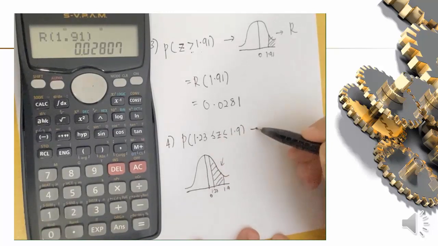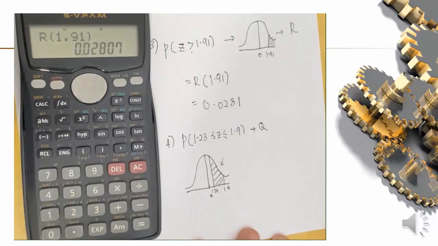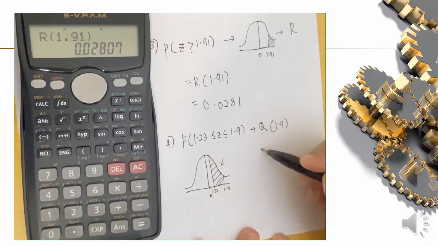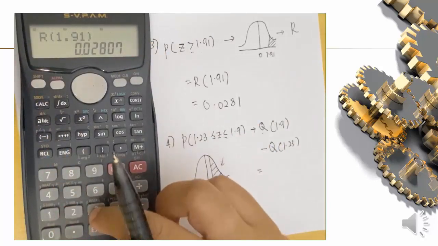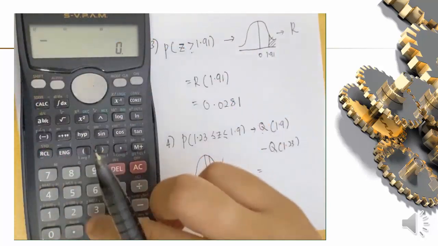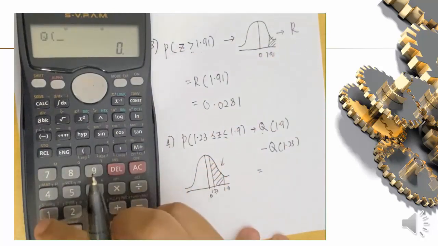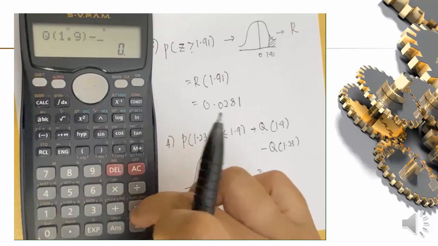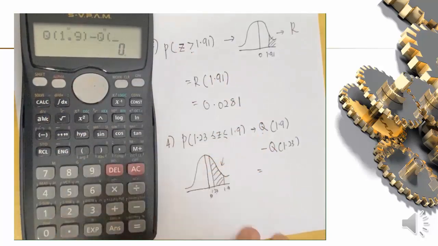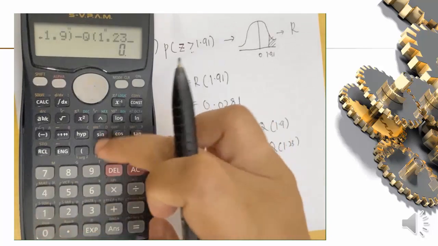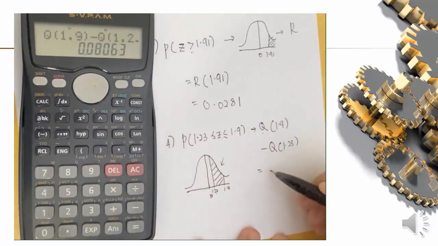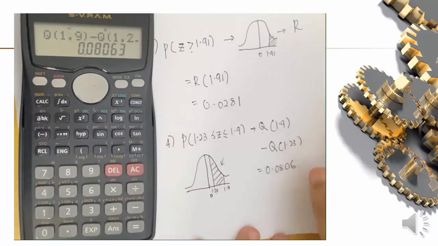So because it is in between, we will use Q. Q 0 until 1.9 minus Q 0 until 1.23. Shift number 3, choose 2, 1.9 minus 1.23. 0.0806.